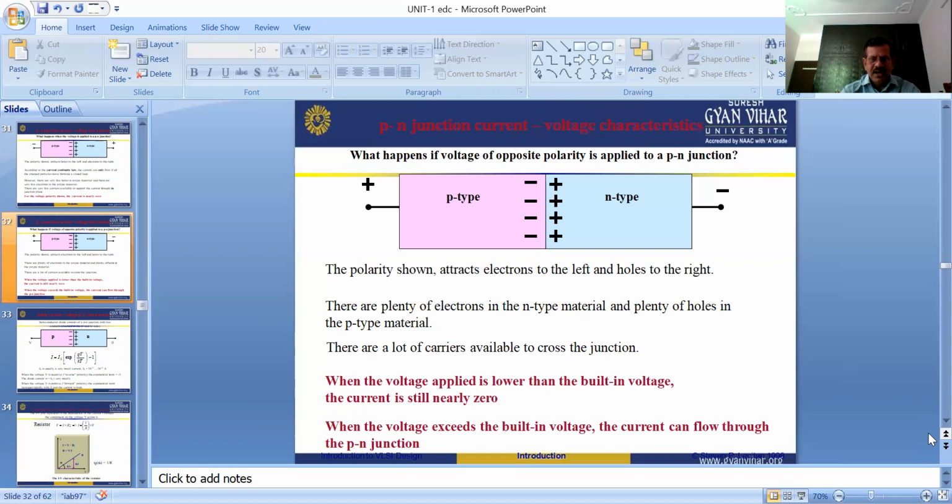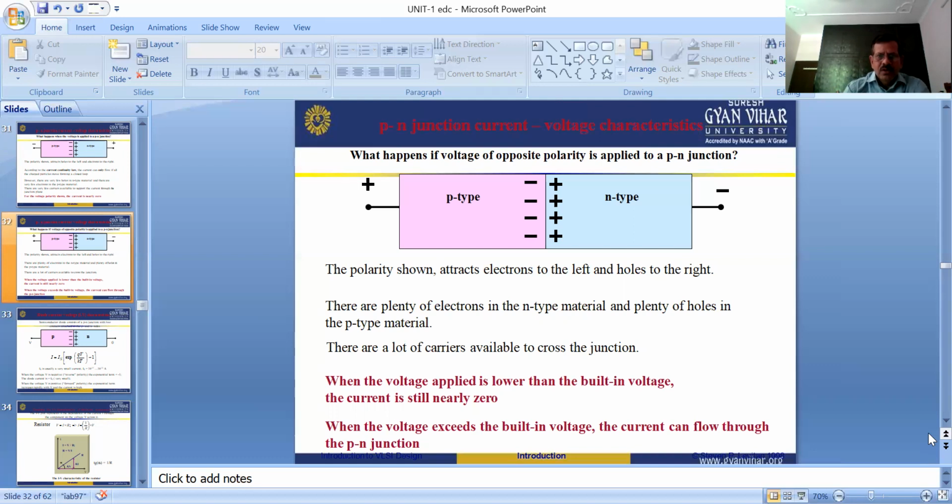This is the condition for the applied voltage: if the applied voltage is greater than the built-in voltage, then the current can flow through the PN junction. But if the applied voltage is lower than the built-in voltage, the current is zero or nearly zero because there is no movement of charge carriers across the junction.